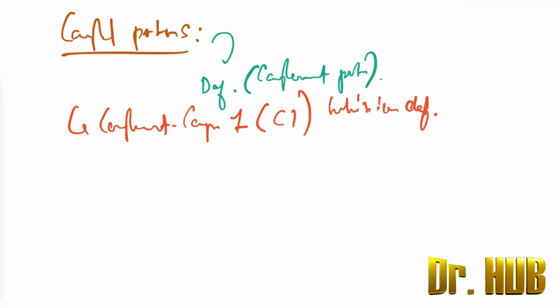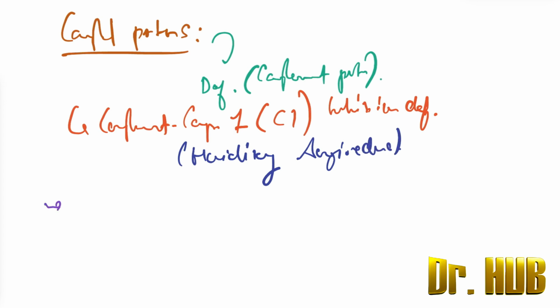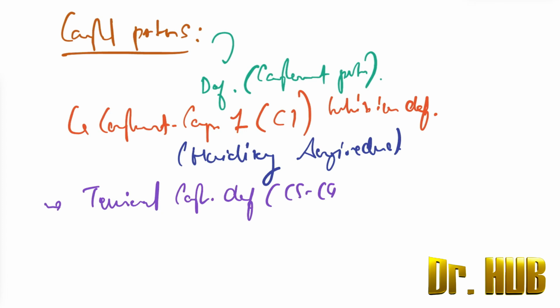Next there is hereditary angioedema. Then comes the terminal complement deficiency, C5 to C9. There are recurrent Neisseria infections.